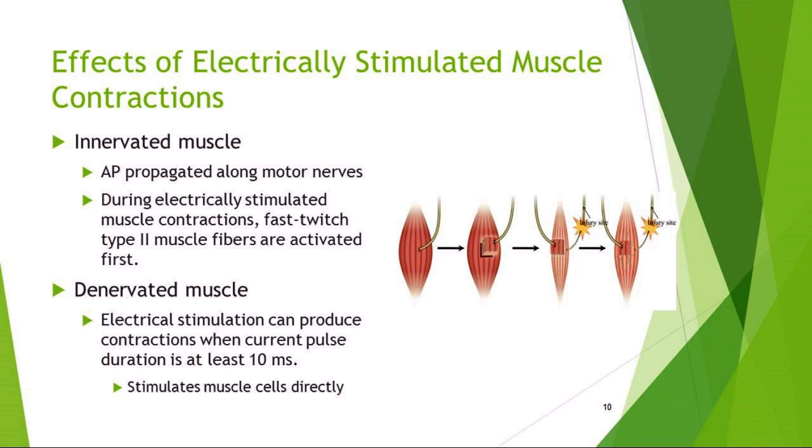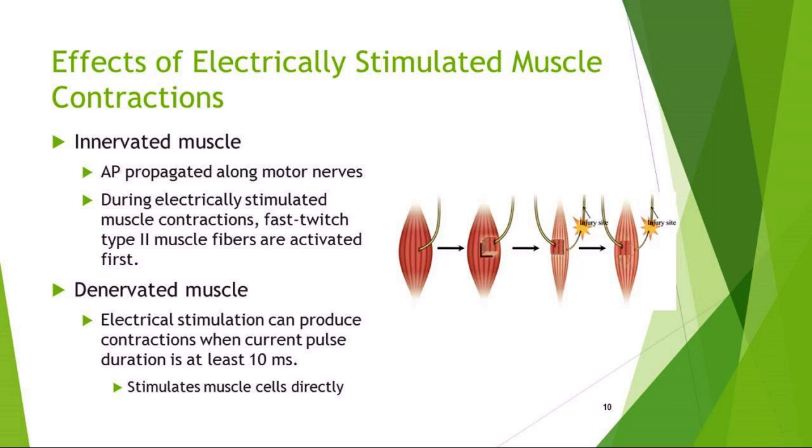In denervated muscle, electrical stimulation can produce contractions only when the pulse duration is at least 10 milliseconds. Microseconds is for nerves. Milliseconds is 3 orders of magnitude longer, for stimulating the muscle directly.